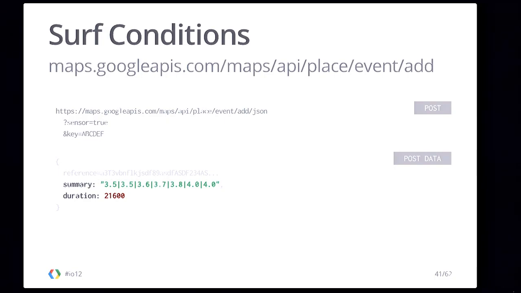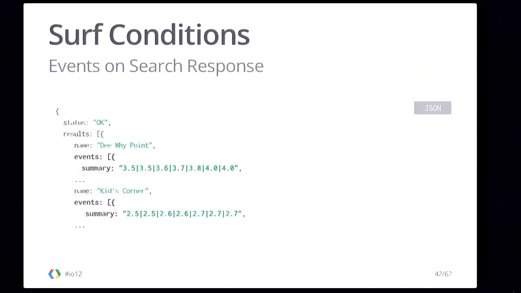So I'm attaching an event to the surf spot, but instead of describing the event in the summary, I'm using the summary to attach the wave data, the surf ratings for now and the next few hours for that surf spot. When I do my search again, for each surf spot I get the event attached with the data, so I can easily display it in my application.